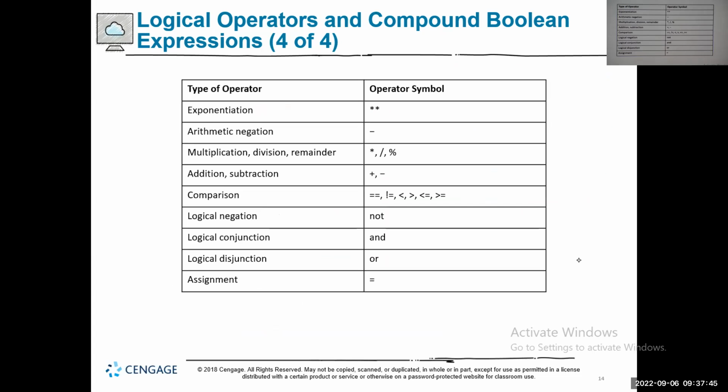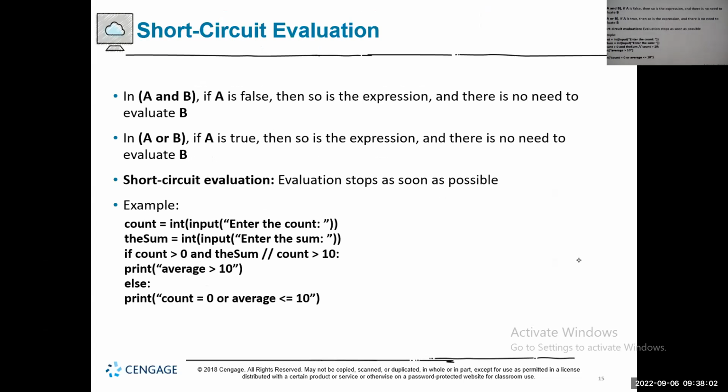Remember that you have the exponent in Python, a double star here, and you have subtraction, multiplication, division, and remainder. Everything you can do. You are flexible to use them in the case of the selection here. What is it? Shortcut evaluation. Okay, you can put them together with this one here.